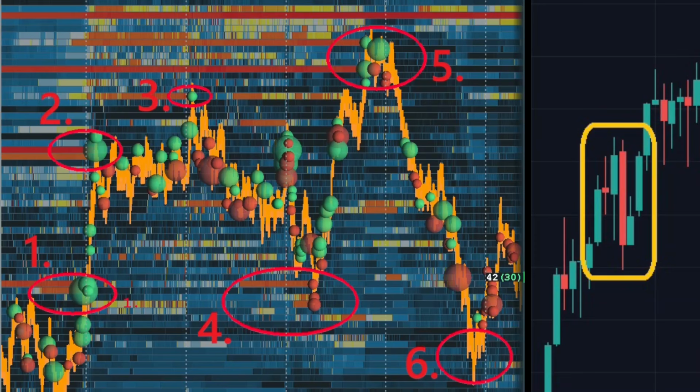A few moments later, more and more sellers are coming, and the price is going lower to point number 4, which is a crucial moment of this example. You can see that as we approach this point, limit buy orders are appearing. And guess what?